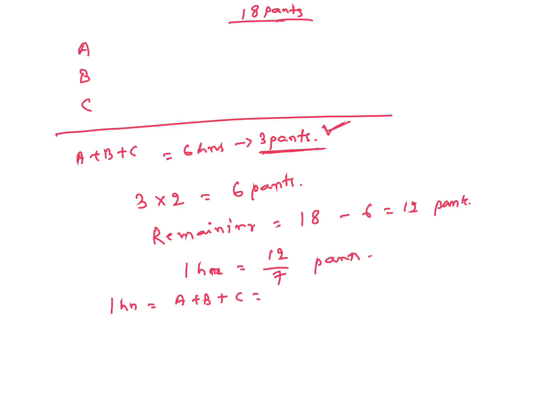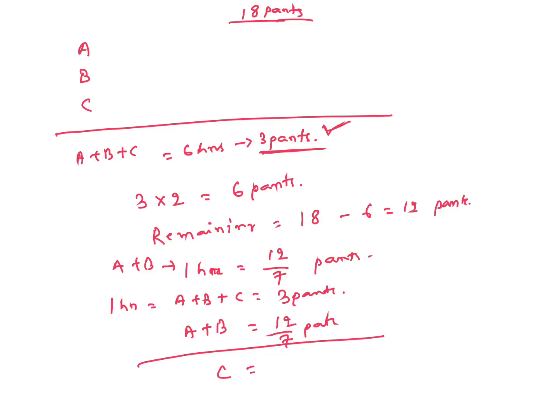And A plus B in 1 hour, they are completing 12 by 7 parts. So from here C will complete 3 minus 12 by 7 parts. So 21 minus 12 by 7. So 9 by 7 parts C will complete in 1 hour.